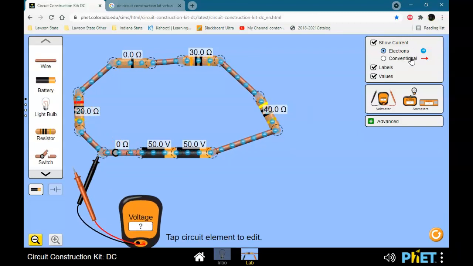And again, you have electron flow, which is how it actually works, where it flows from negative to positive. This is conventional flow. This is how we tend to think it works, right? When we put a battery in, well, it must be going from positive to negative. I don't know why we think it that way. I think it's just more comfortable for us to think of it that way. But that's not how it works.